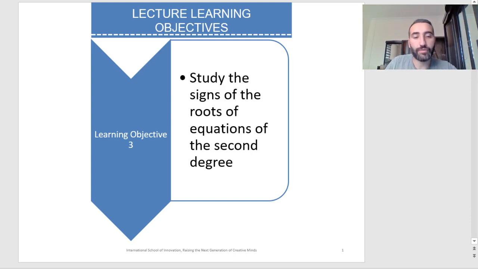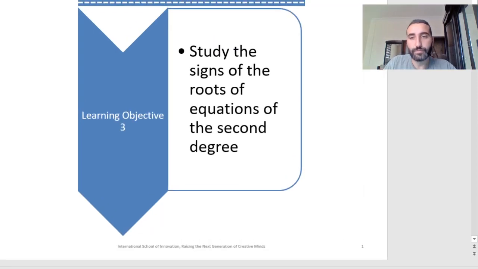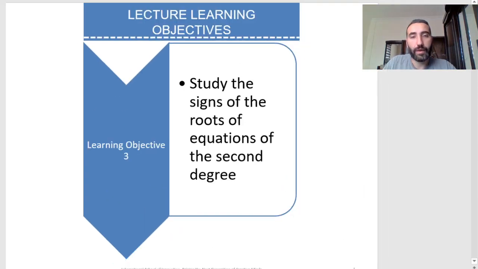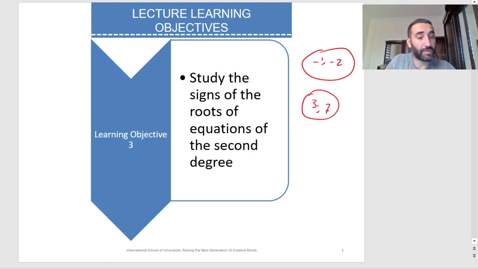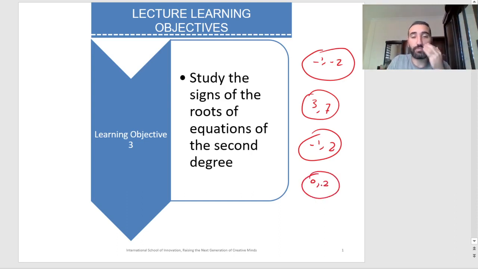Or the roots are, for example, -1 and -2. I found them on the calculator, so both roots are negative. Sometimes the roots are 3 and 7, both positive. Sometimes the roots are -1 and 2, one positive and one negative. Sometimes one root is 0 and the other is 2, so one is 0 and the other positive, or 0 and -2, so one is 0 and the other negative.